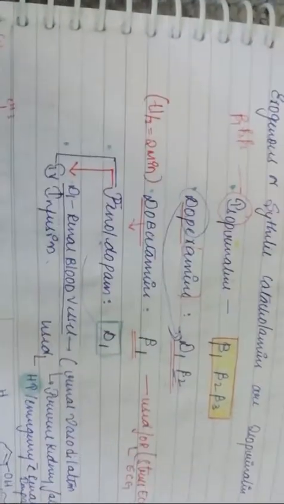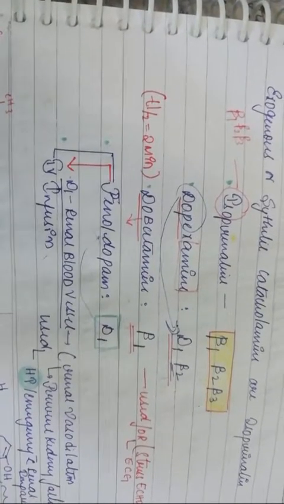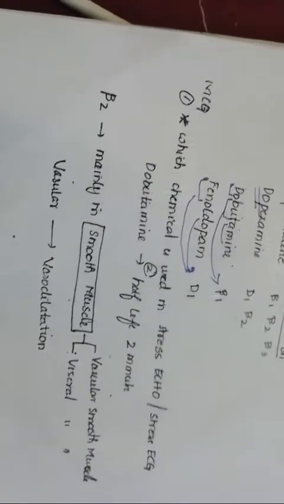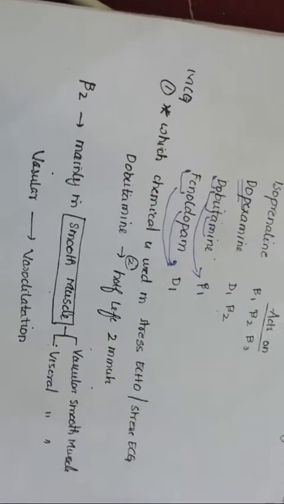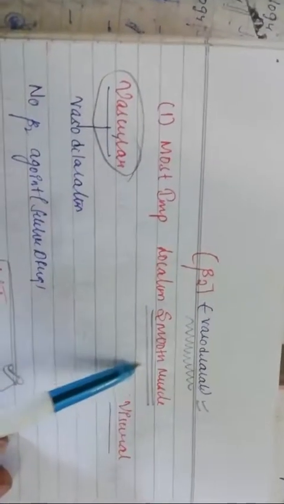So these are the important points you have to understand regarding drugs like isoprenaline, dopexamine, dobutamine, and fenoldopam. Let us end the session by speaking about one point here, that is where beta 2 is mainly present, right? If you look at beta 2, it is present in smooth muscles.